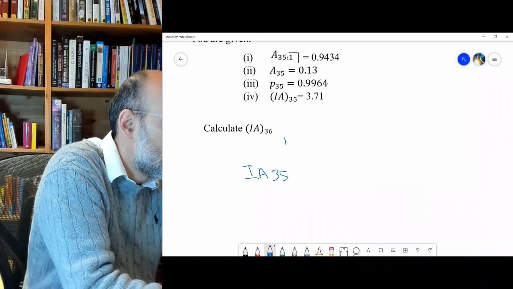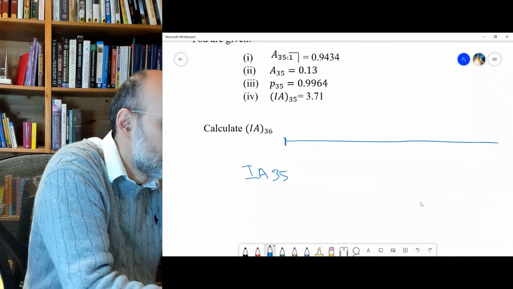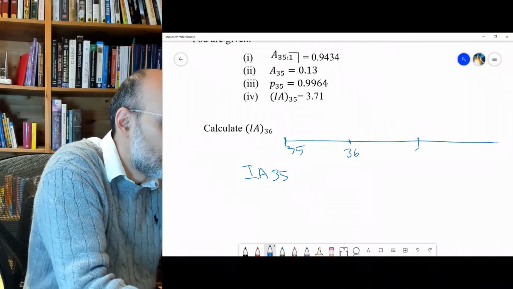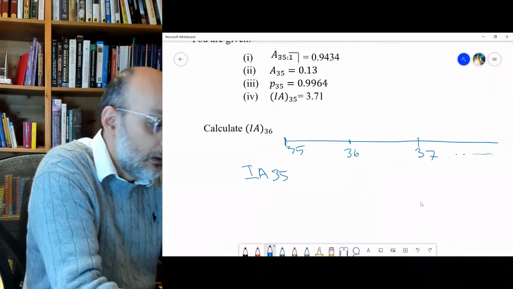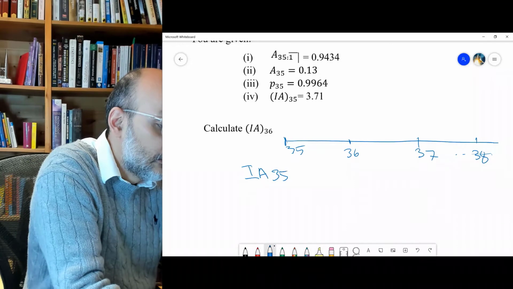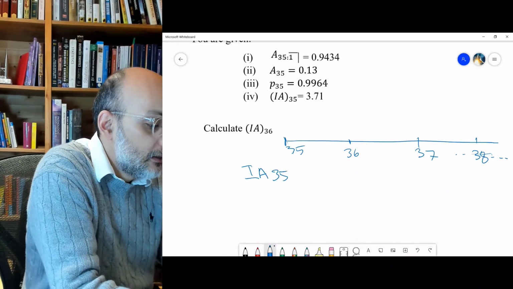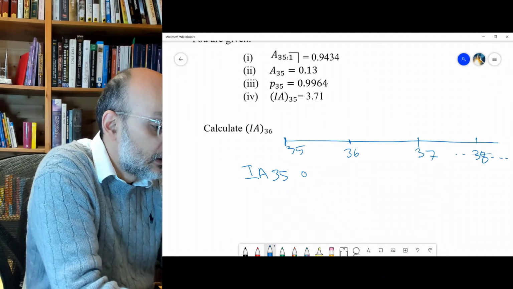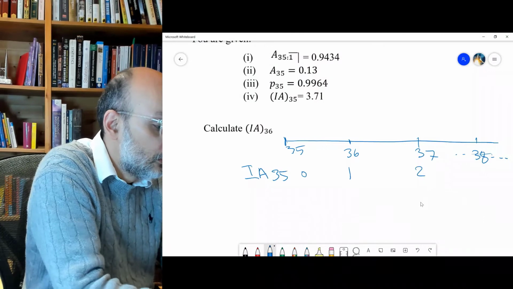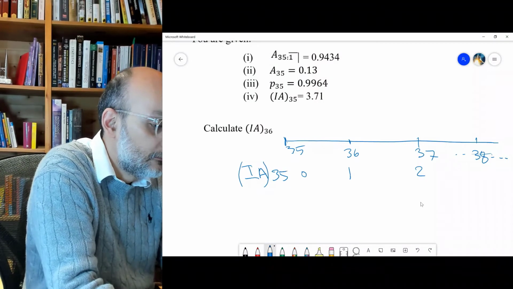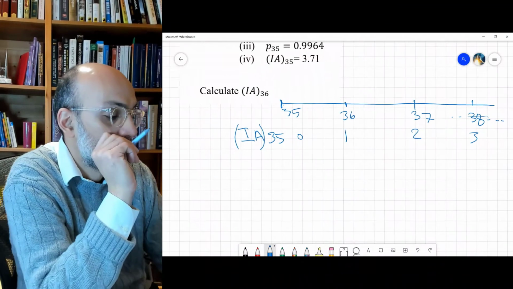IA35. Let's have a line here, 35, 36, 37, maybe we'll add another one, 38. So IA35 gives you 0 here, 1, 2, because it's increasing, 3. Right.